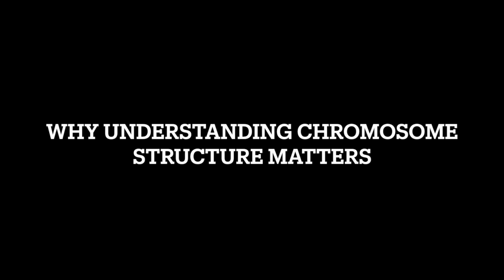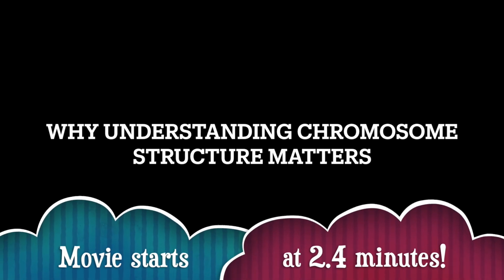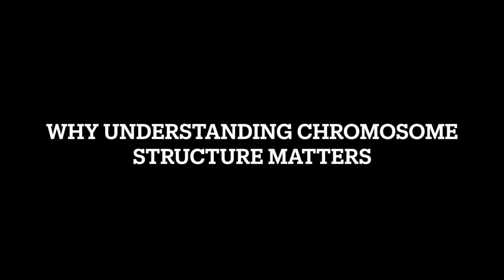I don't know whether you have seen any of my other videos or not, but this one is an upgrade to an earlier one that I did, and I'm trying to explain the best way I know how why chromosome structure matters and why we need to get it right as well as we can.